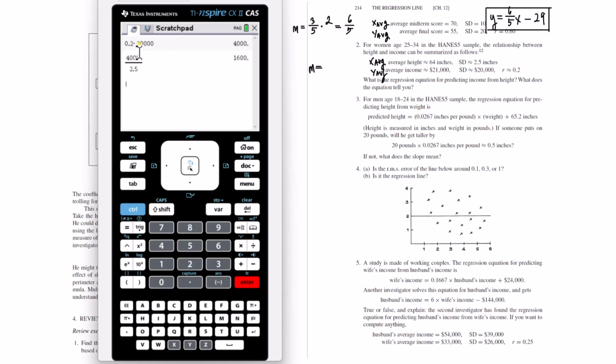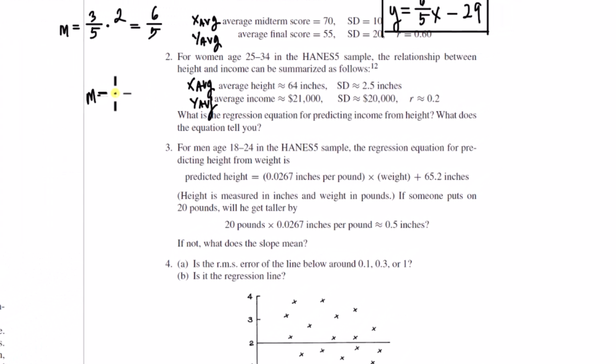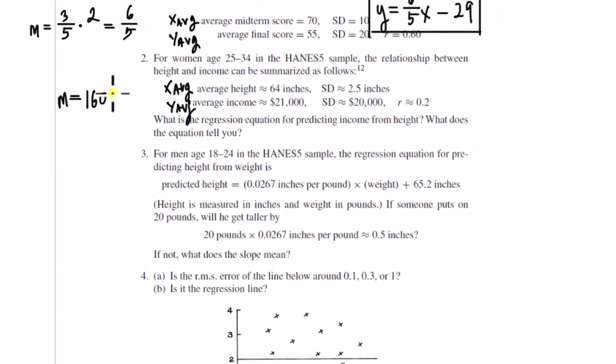Is that right? So 1,600. And we want to think about the units. $1,600 per inch. For every 1 inch in height, you increase $1,600 in income. Is what the association is telling you. Okay, so there we go.